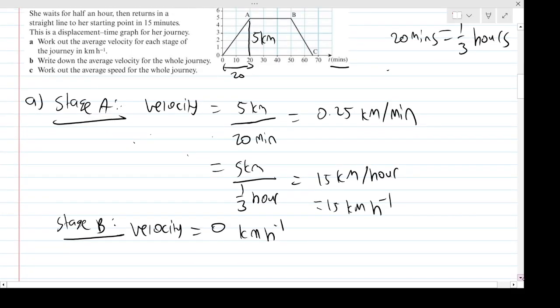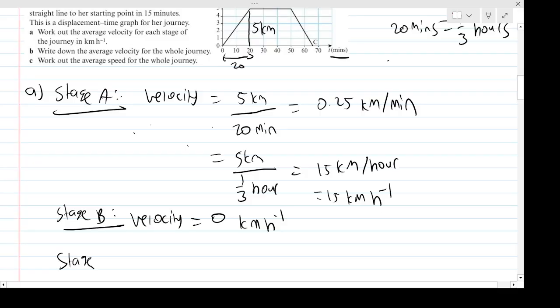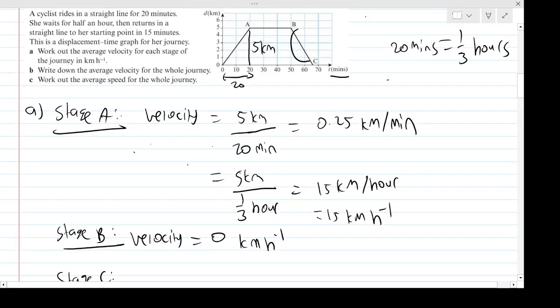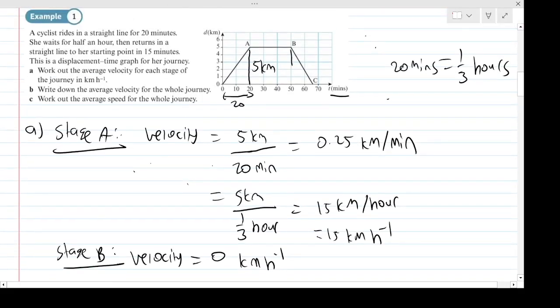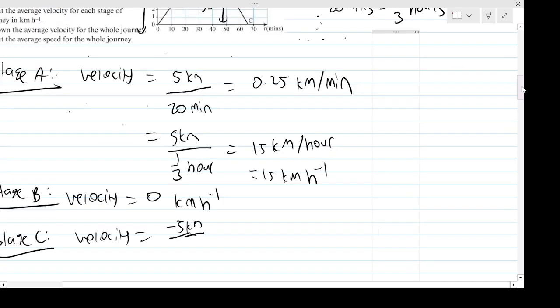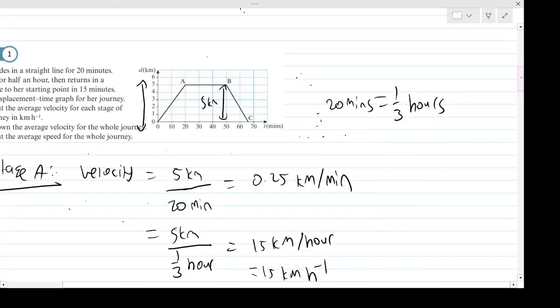Okay. Then for stage C, the final stage, the final part of the journey here. Well, again, the change in displacement, here it's going down by 5, so it'd be negative 5 kilometers here, okay? And the time at the end here is 50, and then here, so this is between 60 and 70, so this is actually 65.